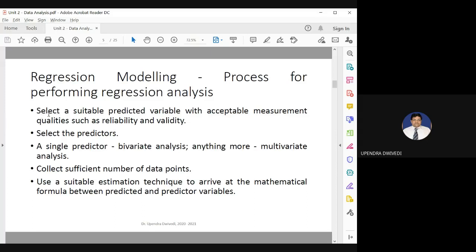The first step is to select a suitable predicted value. As we have seen in the earlier example, weight was our predicted value. In the last class, I gave everyone a question: give me an example of a predicted variable and a predictor variable based on any problem.